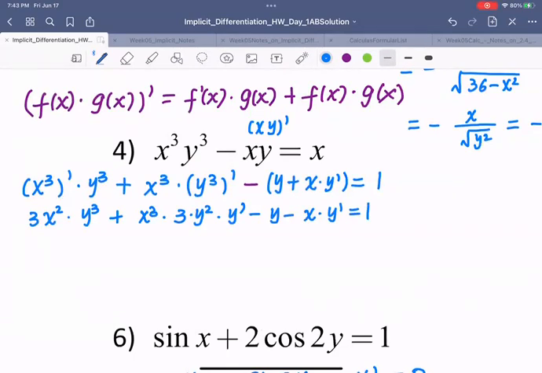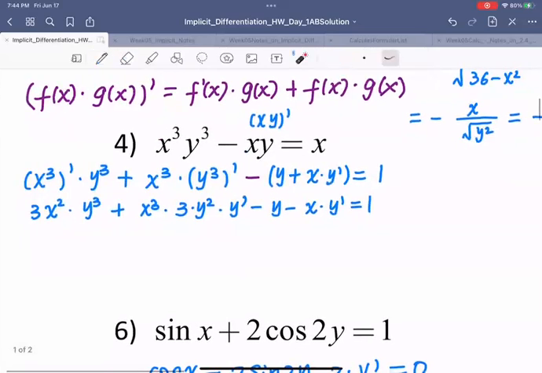Yes. And then you will get here and here, and you will move this around. You can do this part. This is the order 1 part. Go. x squared times y cubed equals 1 minus x cubed times 3y squared times y prime. Okay.